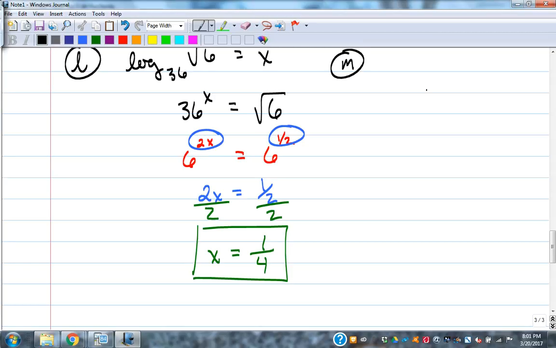All right. Log base 4 this time of x is equal to 5/2. Be a little bit easier on this one, but the fraction exponents make it a little tougher. How could I rewrite that as an exponential? 4 to the 5/2.